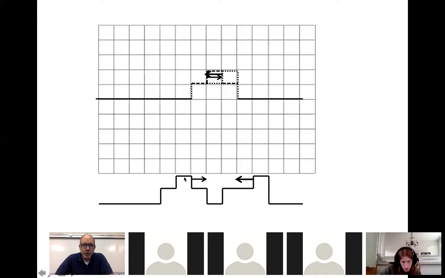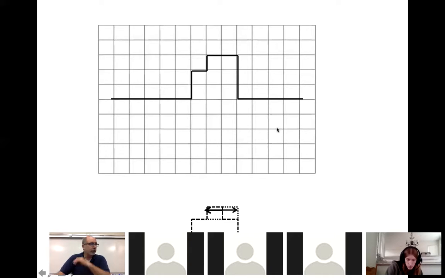The middle part wants to take it up 2. The middle third wants to take it up 1. +2, +1, +3. What about the right-hand third? +1, +2, +1, +2, +3. So at this moment in time, the spring would look like this.